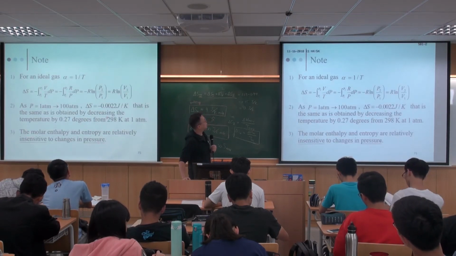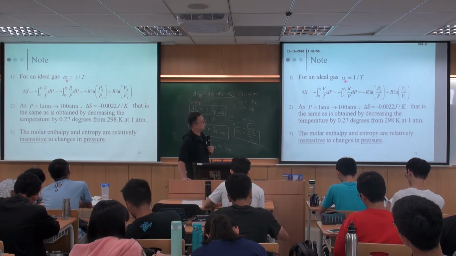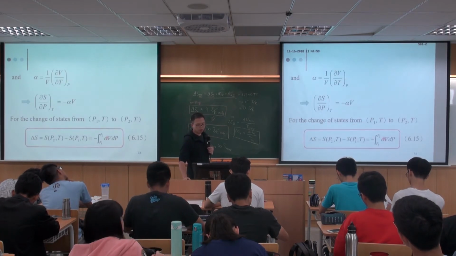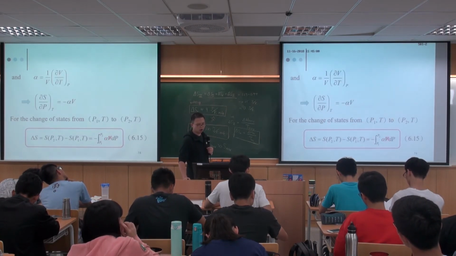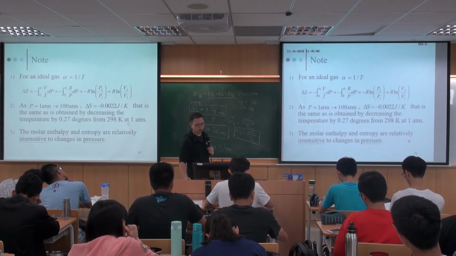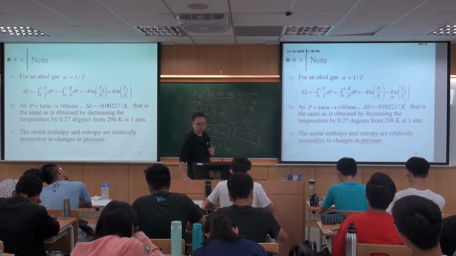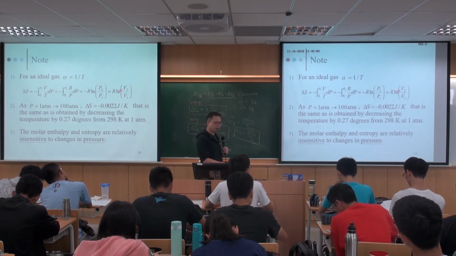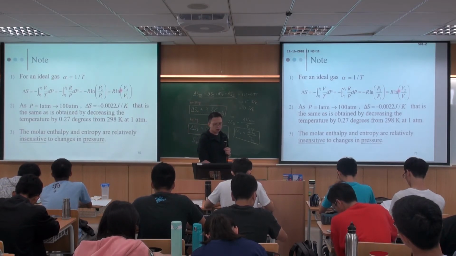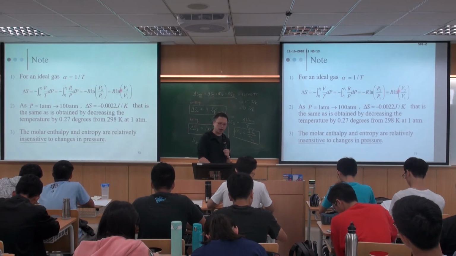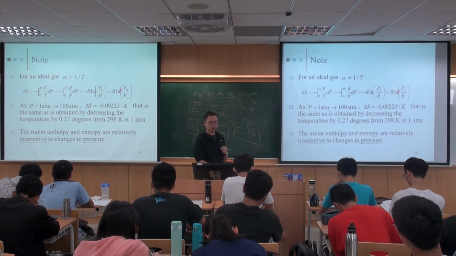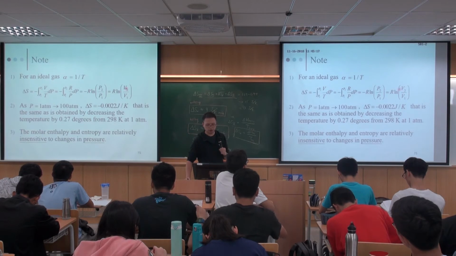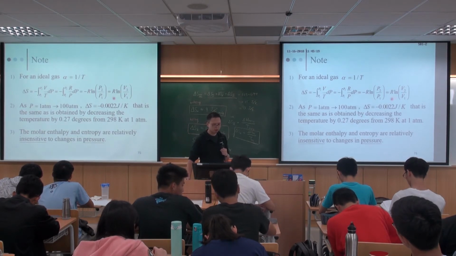For ideal gas, of course, again, alpha is T inverse. If you put that in, this is V over T, and you integrate that, you'll retrieve the form that we've already seen. Actually, we saw this in chapter 3. We also saw this in chapter 5, and now we see this again. So we've seen this for the third time this semester.